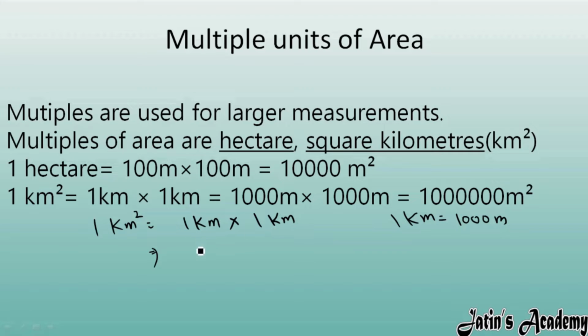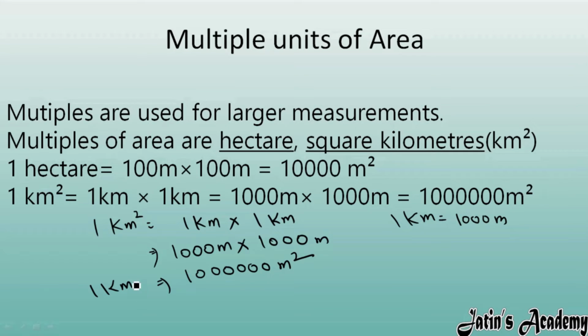So here I put this value: 1 kilometer means 1000 meter, multiplied by 1 kilometer means 1000 meter. After doing the multiplication, what do we get? 1 with 6 zeros, meter square. So 1 kilometer square is equal to this much meter square. This is the second relationship between the multiple unit of area and the SI unit of area.